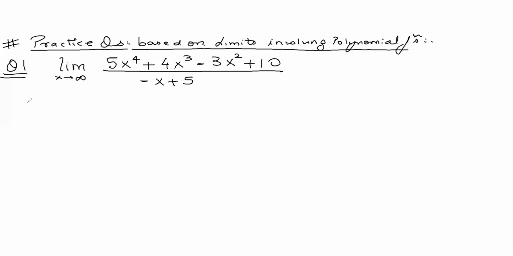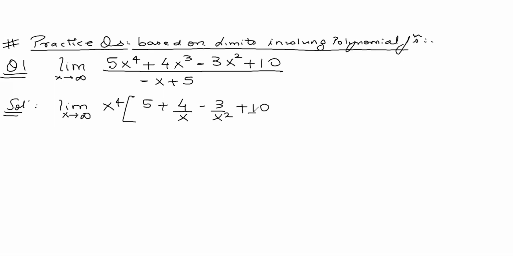So how will I evaluate it? Take the highest power common. What are we left with? 5 plus 4 by x minus 3 by x square plus 10 by x^4.